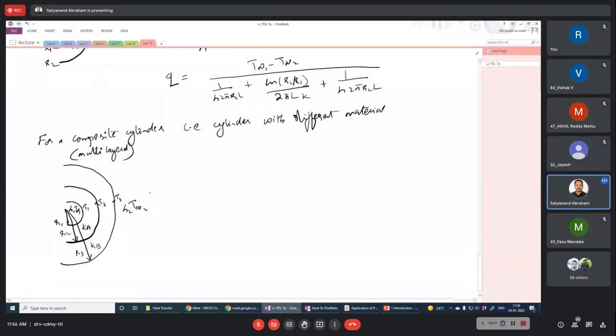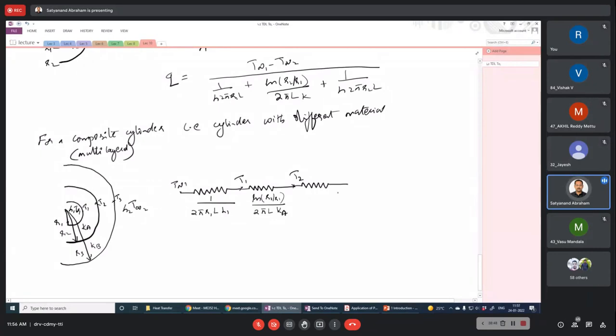So that's how we can write. If you go for the thermal resistance circuit, obviously we are going to have T infinity 1, and the first resistance is going to be 2 pi R1 L into H1, and after that we have T1, and then the radial conduction resistance due to the first material, ln R2 by R1 divided by 2 pi L k, and then the second temperature.